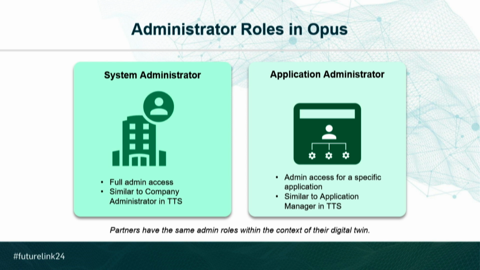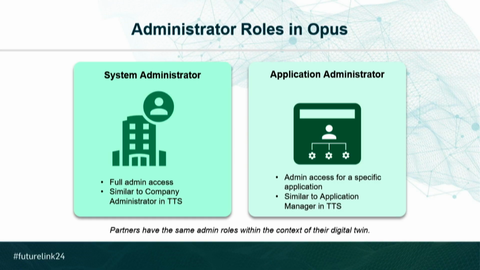It has admin access for that specific application. The difference between an application administrator on Opus versus the application manager on TTS is that an application administrator doesn't have access into the application, but he or she can grant themselves access because they're an administrator.